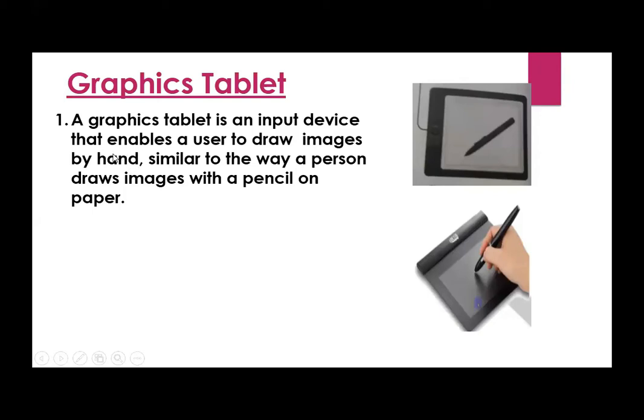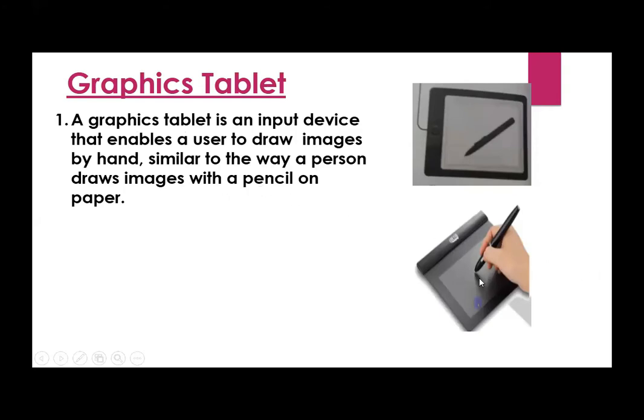We can directly draw images on the graphic tablet and see them on the screen, similar to the way a person draws an image with a pencil on paper. When a person, me or you, draws or writes something on paper with a pencil, we see it directly.